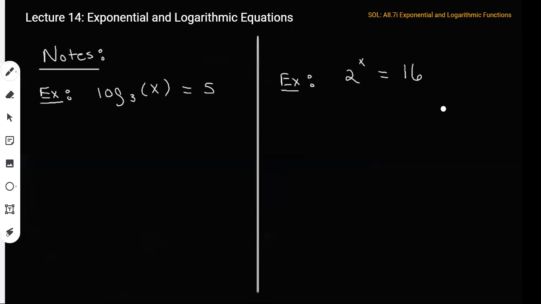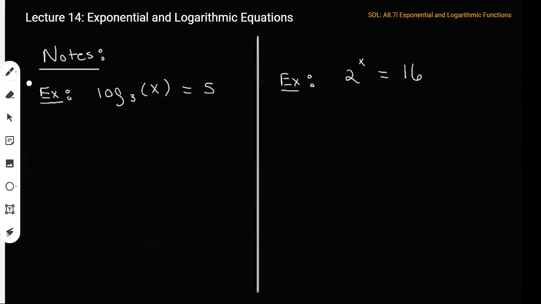Okay, so these two are equations. So I'm trying to solve for x. And when I solve an equation, I'm always going to end up with a number for my x if the answer does exist. And once I find the x, I need to put it in a solution set and then check it. But let's start off with the logarithm equation.